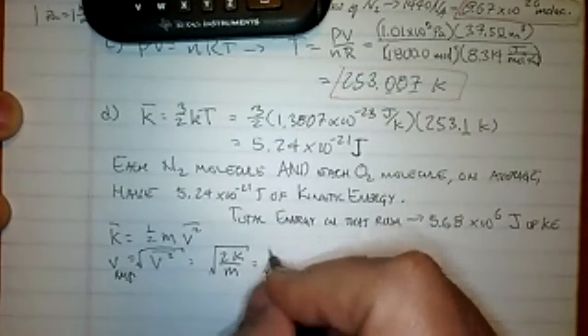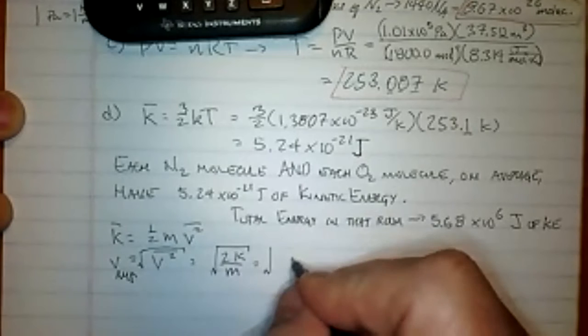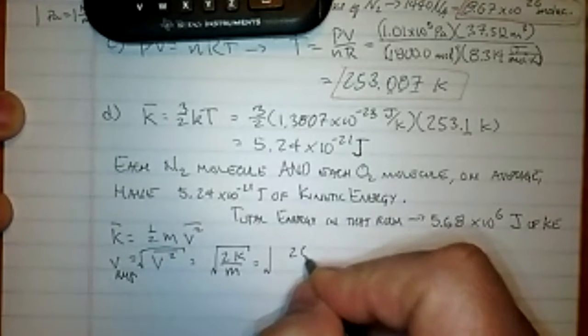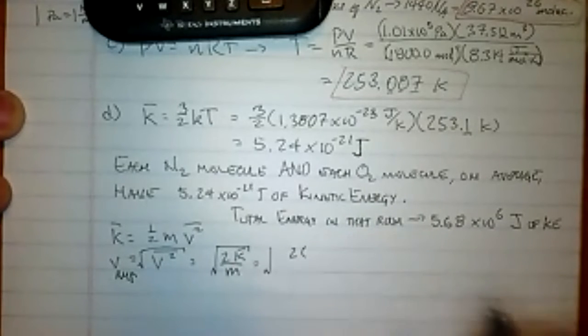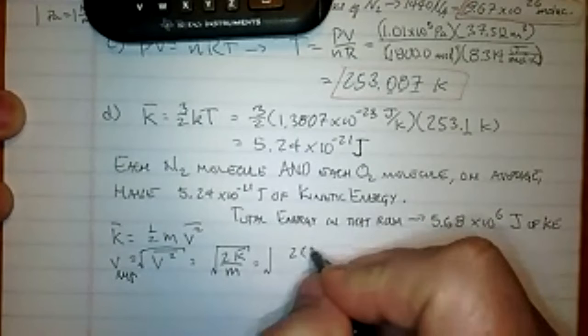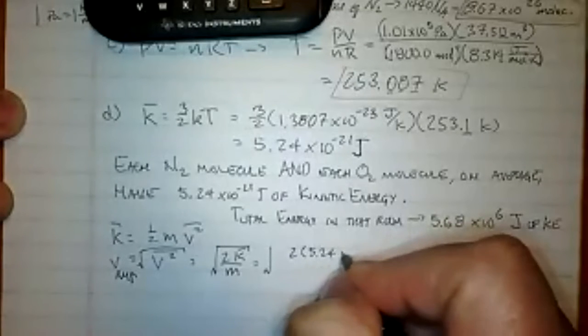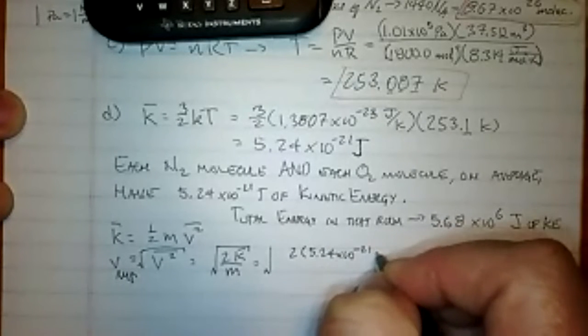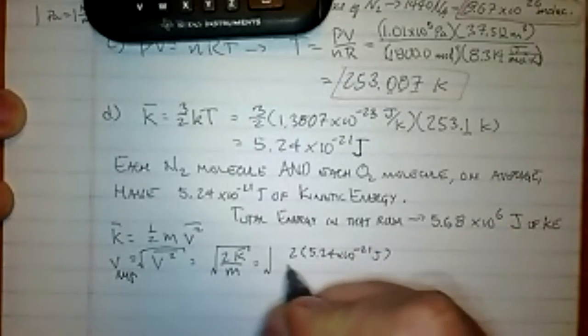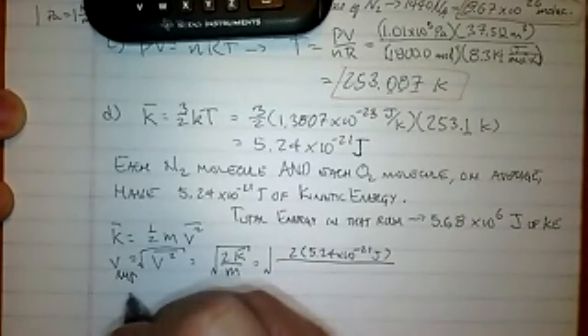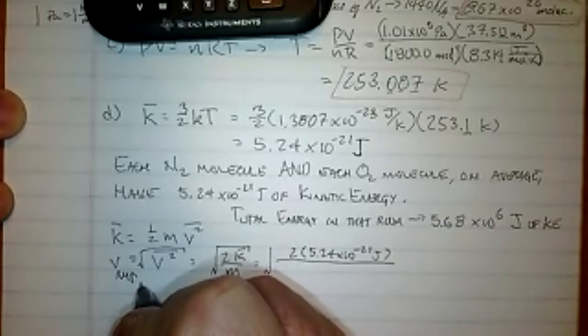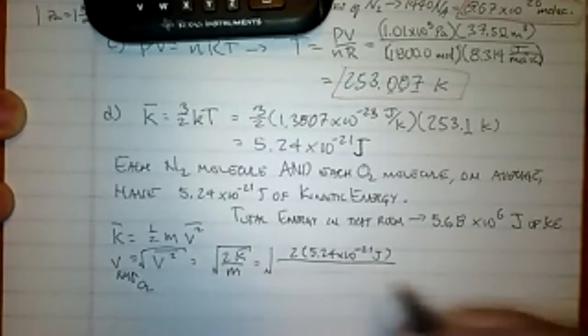So I'm going to take the square root of 2 times, again, this is average kinetic energy, so that turned out to be 5.24 times 10 to the negative 21 joules over. Now here's where I'm going to say O2.